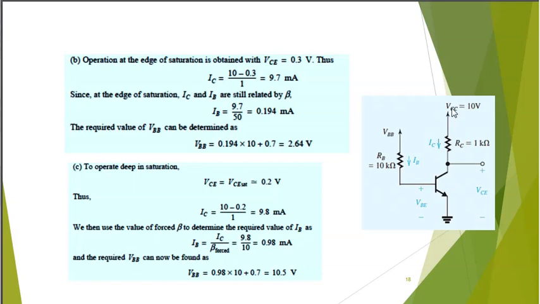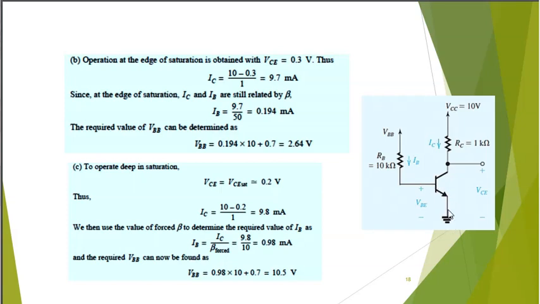Imagine we don't even know if it's in active mode, or in saturation, or in cutoff. So is the information that we have enough? VBB is 10 volts, so I simply can run one loop here, right? 10 volts minus IB times 10, so 10 volts minus 10 IB minus 0.7 for this equals 0.